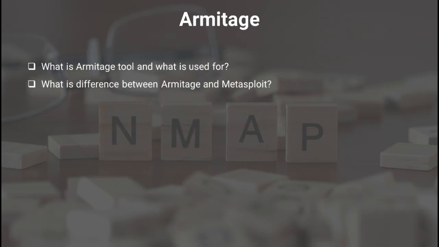So from here, we know what Armitage is doing for Metasploit, trying to make the job easy for us, for the beginners, and also for the professionals. Further information about this excellent project and how it's made, and all the things about its creators, you can find on Offensive Security and Armitage's official website.